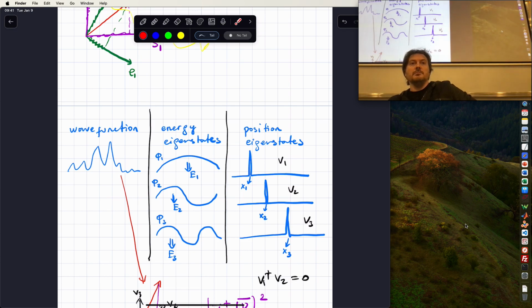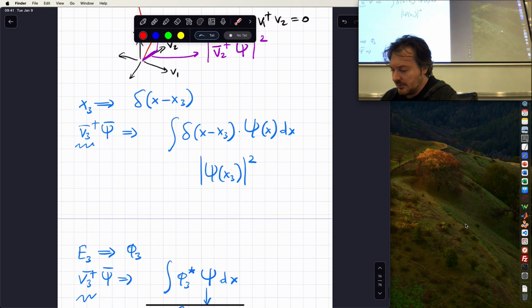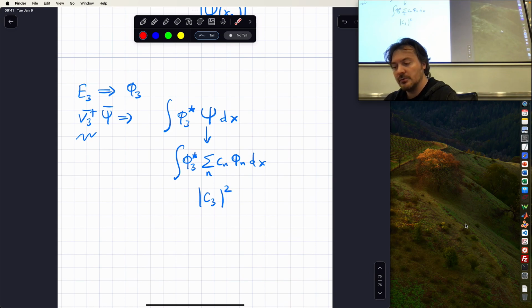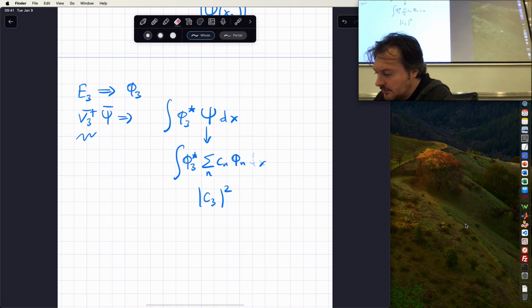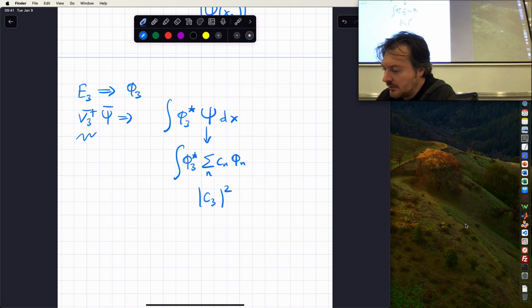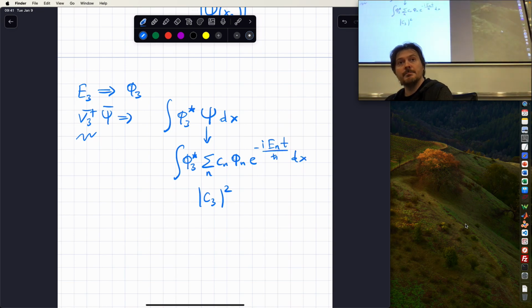And why do we do this calculation at time equals 0? Very good question. Brilliant question. Let's do it at time equals anything. At time equals anything, you are going to get, right?